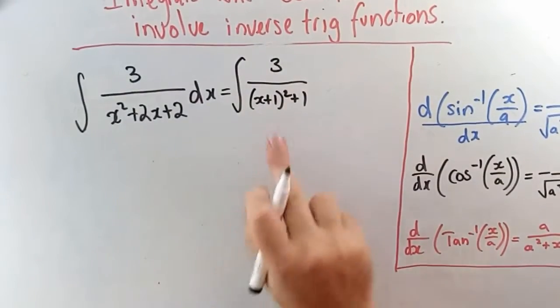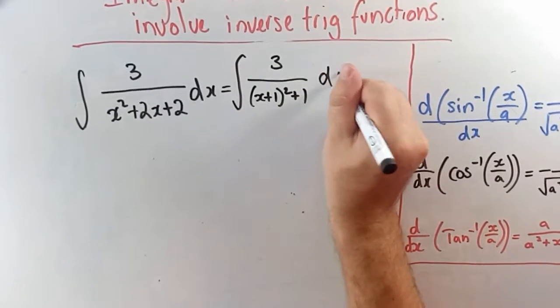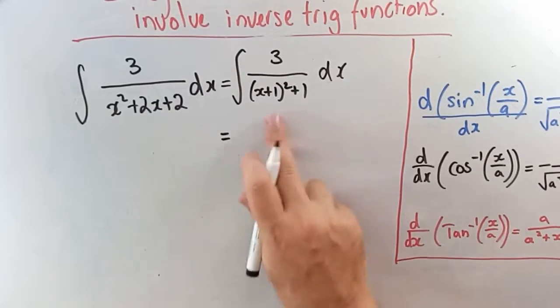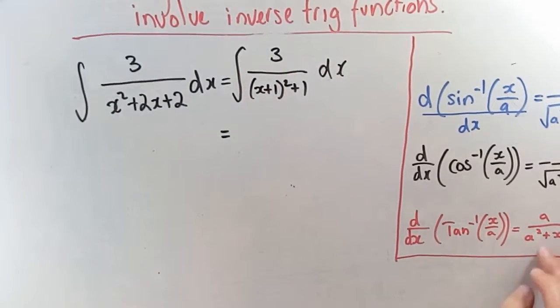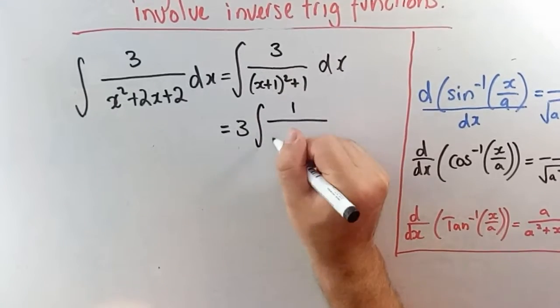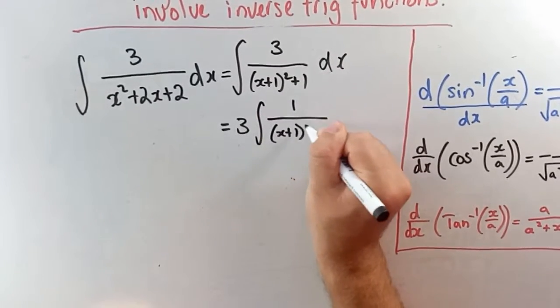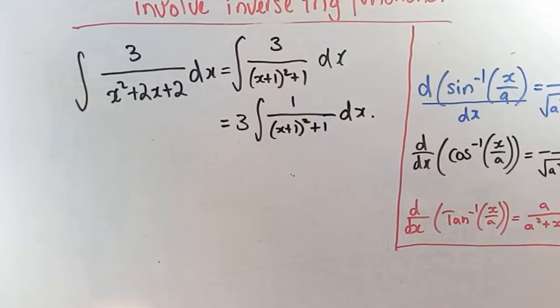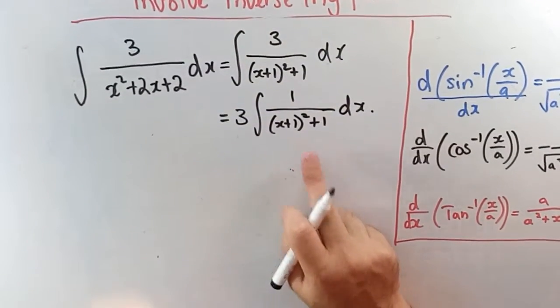So that's completing the square on that, gives me this dx. And all right, it's not quite in this form, so let's take out 3: 1 on x plus 1 squared plus 1 dx. Now I could make a u substitution here.